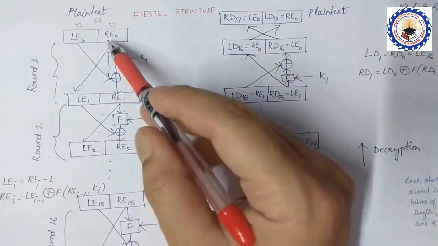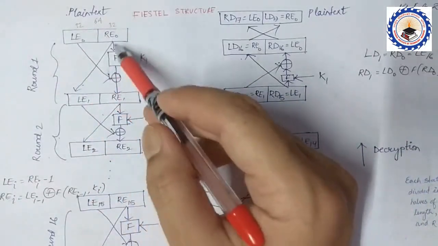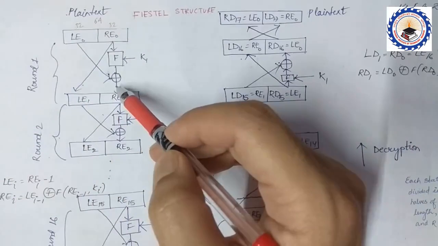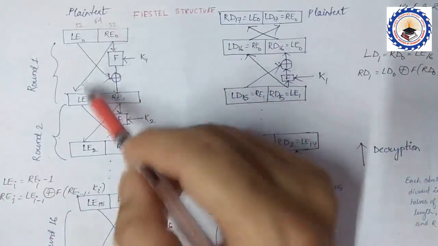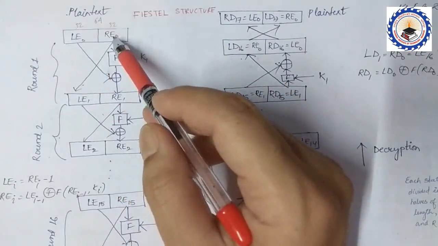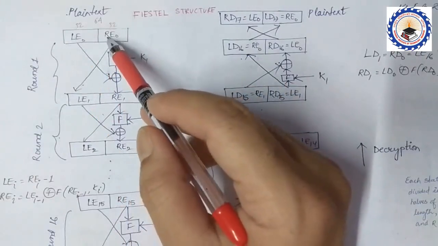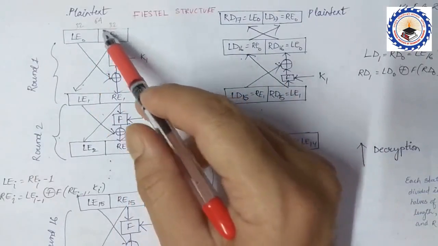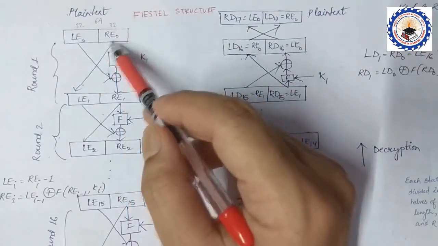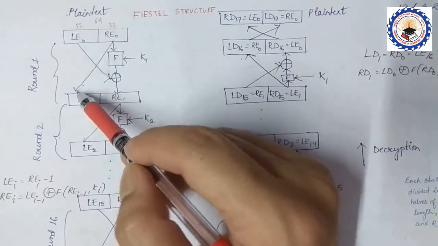Now if you look at this structure derivation, in the next step, the right side of this block we just shift to the left side in the next round.